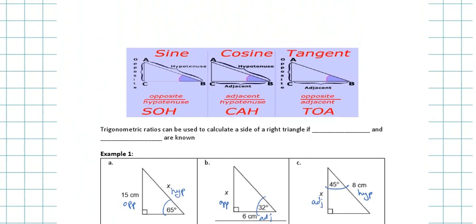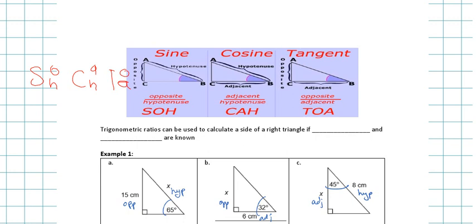So this is where they got the SOHCAHTOA acronym from. So sine is opposite over hypotenuse, cosine is adjacent over hypotenuse, tan is opposite over adjacent. Okay? Are you okay with this?